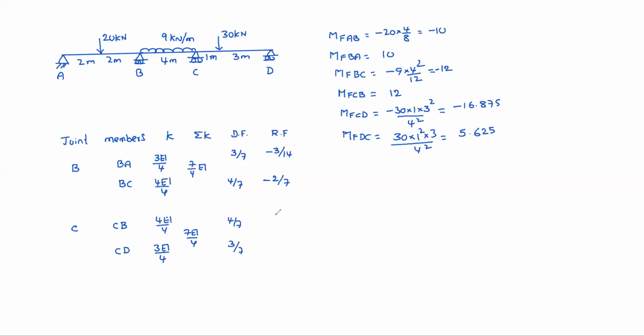So rotation factors, multiplying with minus half, are minus 2 by 7, minus 3 by 14. So first find fixed moments, then, like the moment distribution method, find distribution factors, and just by multiplying minus half you will get rotation factors. Then how to form the table and how to perform the calculations we will see.